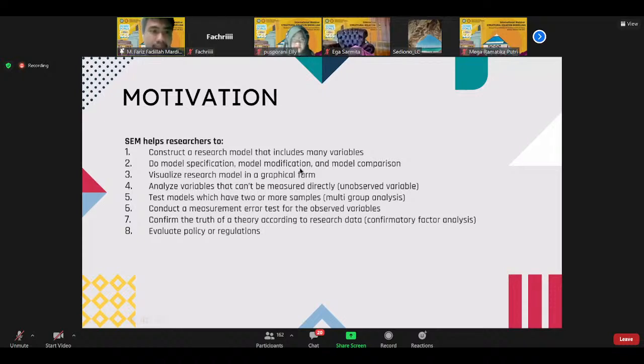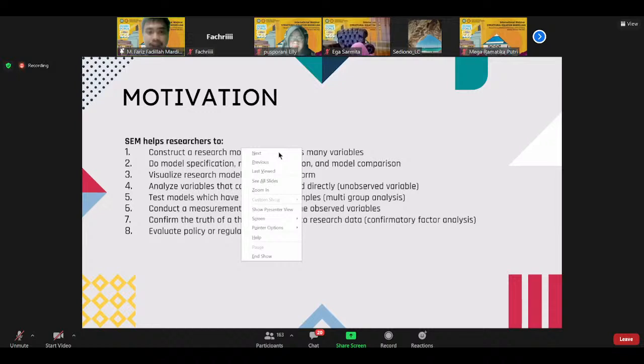As you know, motivation includes many variables, and then there are model specification, model modification, and model comparison, visualizing the research model in graphical form, analyzing unobserved variables that cannot be measured directly, and testing models that have two or more samples, in this case multi-group analysis.